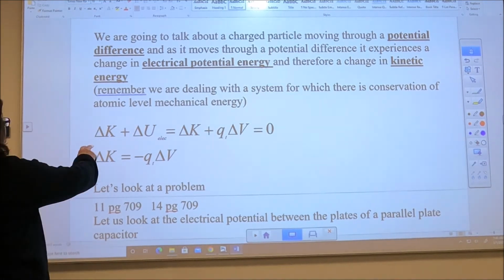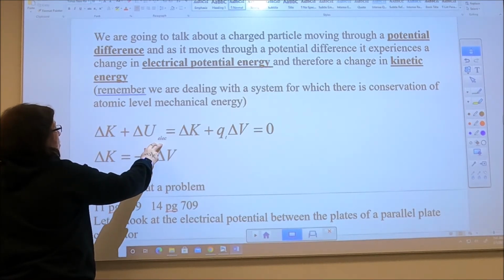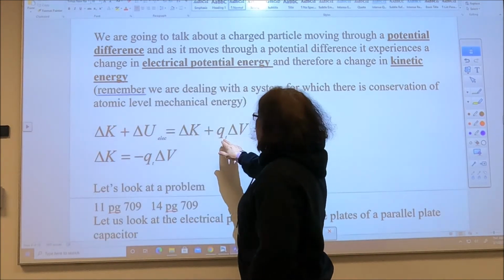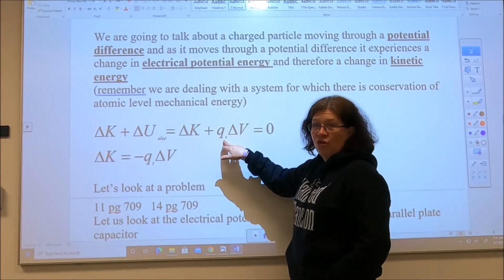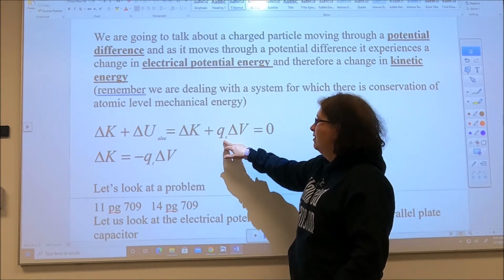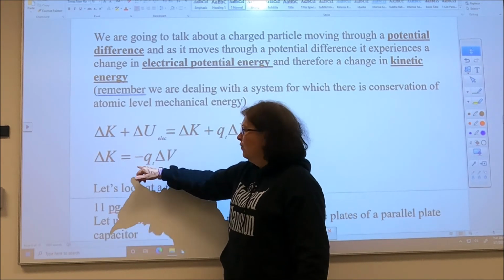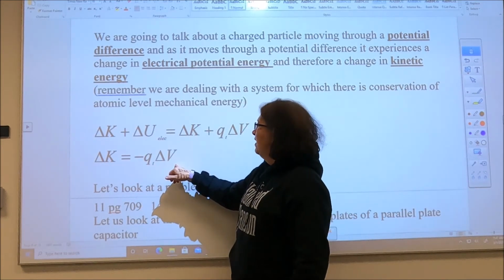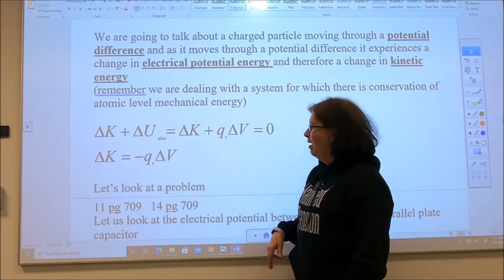So remember, change in kinetic energy plus change in electrical potential energy equals zero, which is change in kinetic energy plus QT, the test charge, delta V. The test charge, remember, is whatever charge we have introduced into that region in space to experience the field. So we can say change in kinetic energy for the particle is equal to minus QT delta V. Because remember, when I moved this over, it became negative.